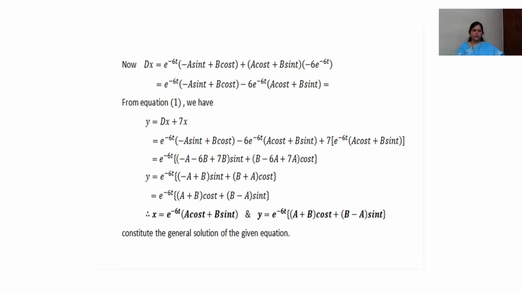Therefore x is equal to e to the power minus 6t (a cos t plus b sin t), and y is equal to e to the power minus 6t ((a plus b) cos t plus (b minus a) sin t). These values are the general solution of the given equations. So after solving this system of equations, we got the x value and y value like this.